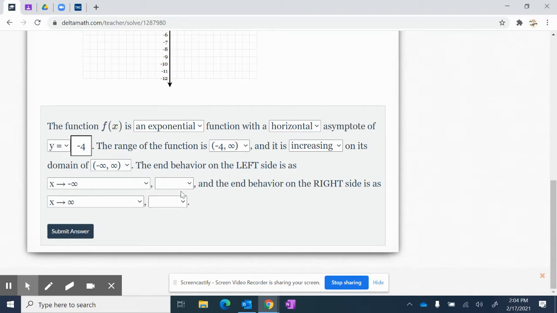So for these two, one of them has to have one of the infinity signs, whether it's positive or negative, and then the other one has to have the asymptote. So when you're doing this, you just kind of have to look at the end arrows, just like we do for log ones.